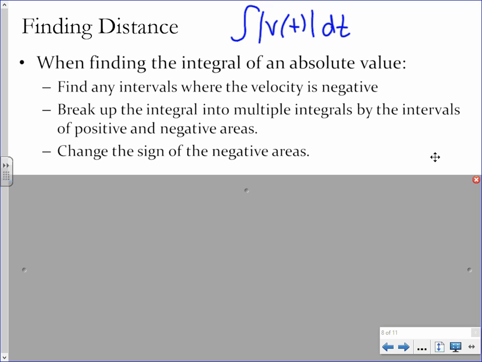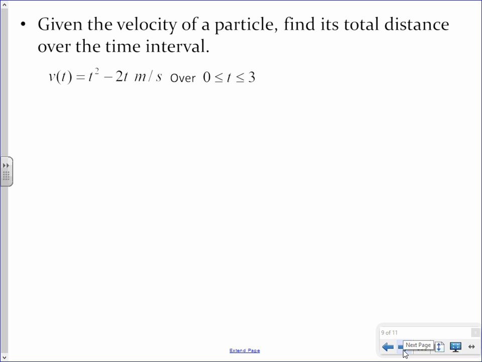So let's come back to this example here. Okay, we already found that the displacement of this particle was 0. Now I want to know the distance traveled of this particle.